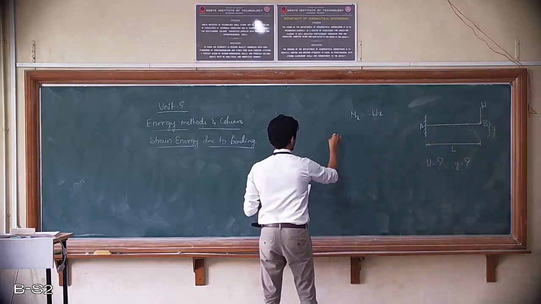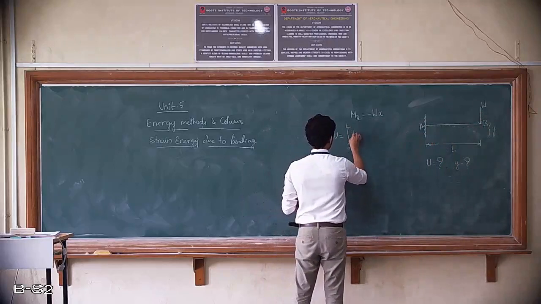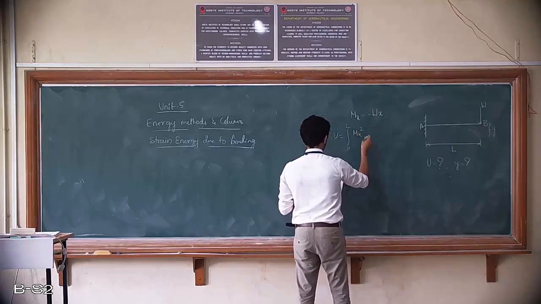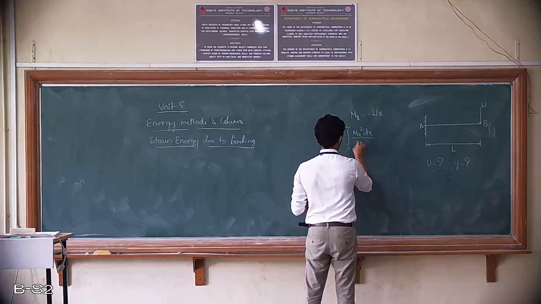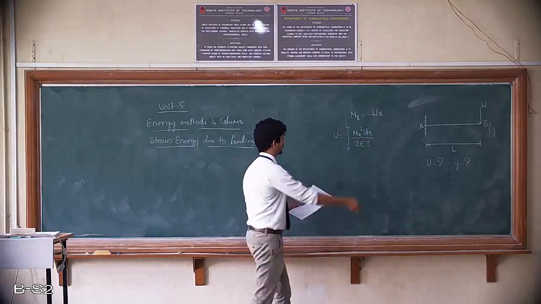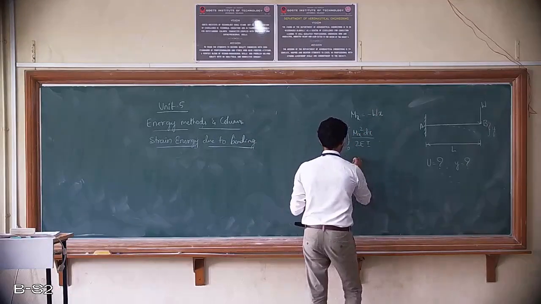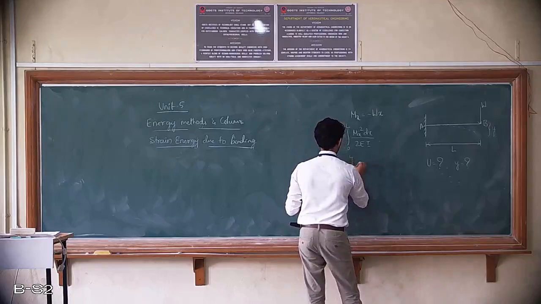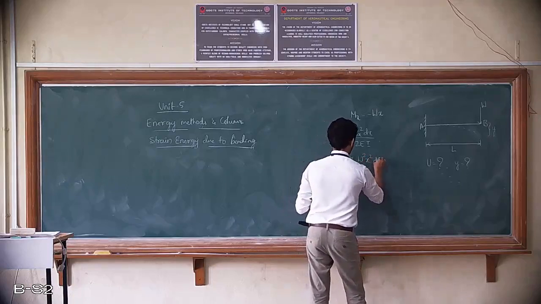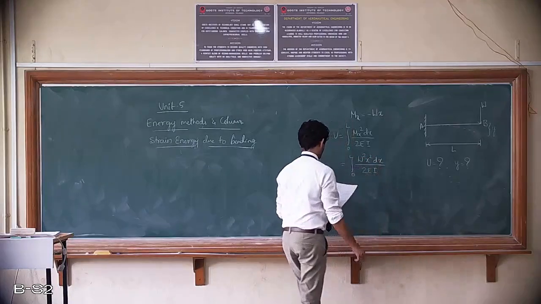Then strain energy, we just got the equation, that is integral 0 to L Mx square dx divided by 2EI. Now substitute the value of Mx, that is minus Wx. So it is going to be integral 0 to L W square x square dx divided by 2EI.